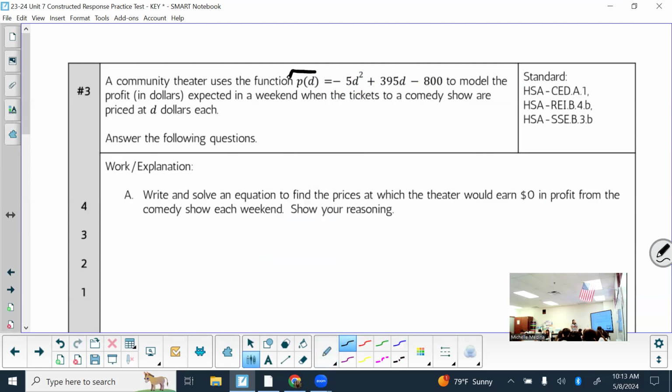P of D stands for what? And the 2 things being compared, what's the output? P of D. Well, it is my y, so whatever it is will go on the y-axis. But what's being compared? Profit, specifically. Because D is what?